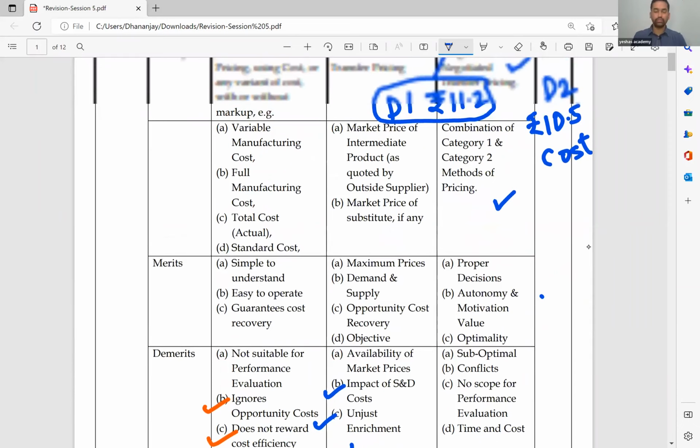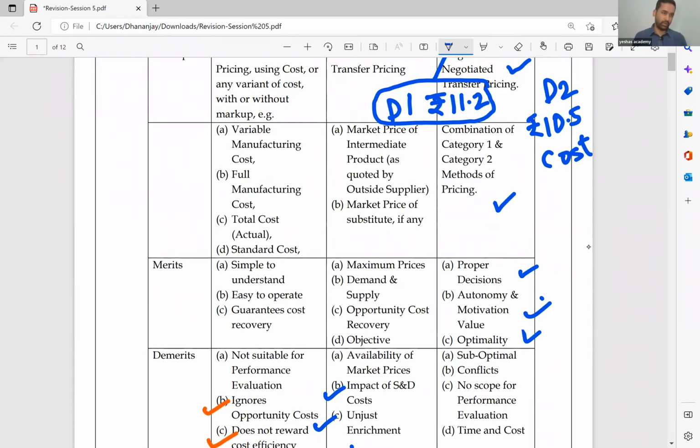Here one good thing is, both of them and management, all three parties will have to sit and discuss. Now you need to create a win-win situation. Now this is not easy. 10.5 is not acceptable for department 1, 11.2 is not acceptable for department 2.